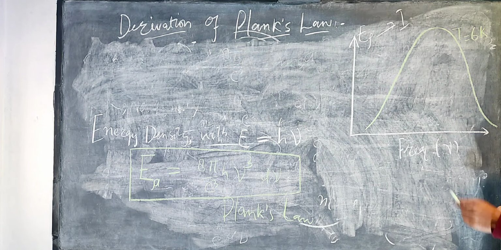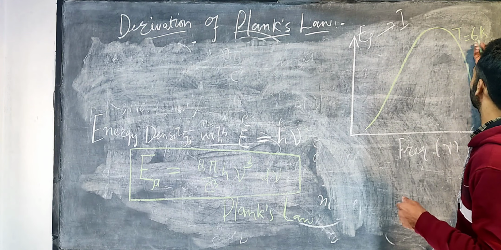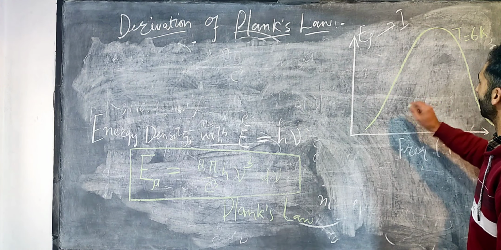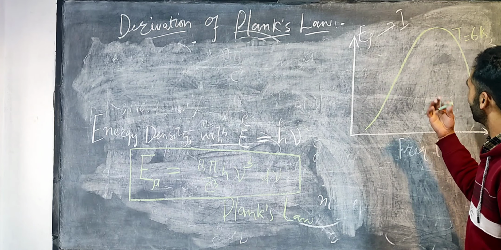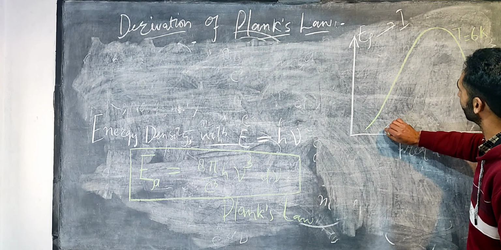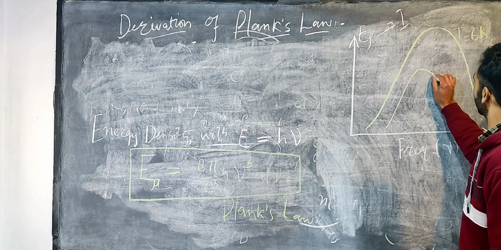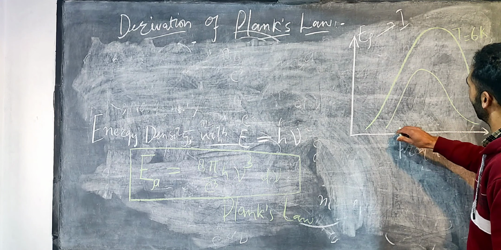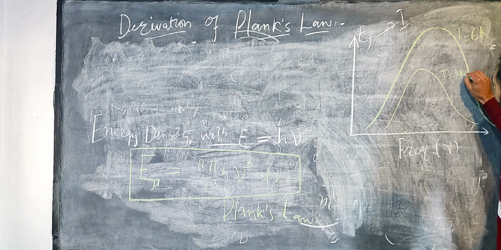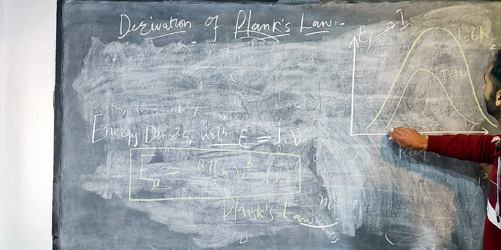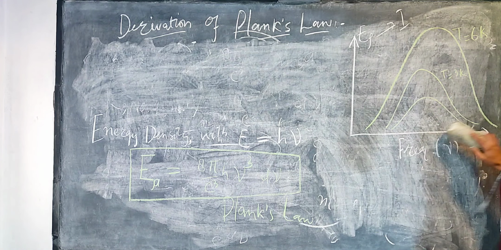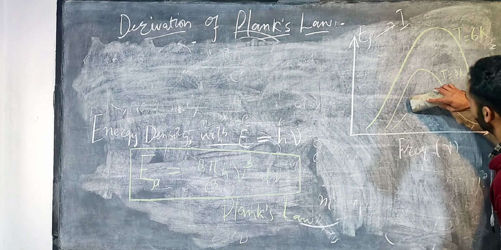This depends upon the experimentation. For a lower temperature, say for instance T equal to 3000 K, we'll get a curve like this, and similarly for 2000 K, the peak will shift towards the left-hand side.